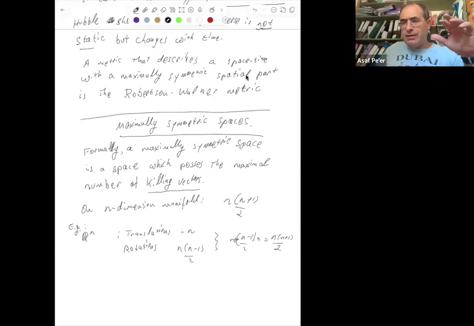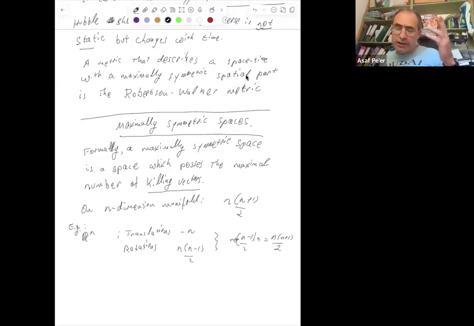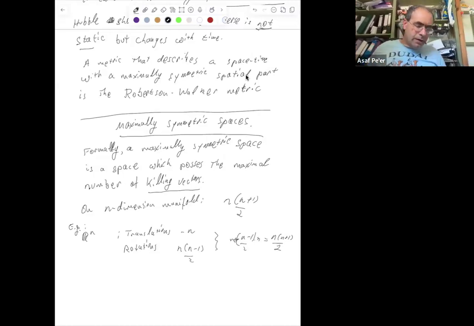So think of Euclidean flat space, that's easy. But if I would do a sphere, it would be exactly the same thing. Just a slightly different way of thinking, but you get the same thing. Okay, good. This would be the total number of independent Killing vectors.